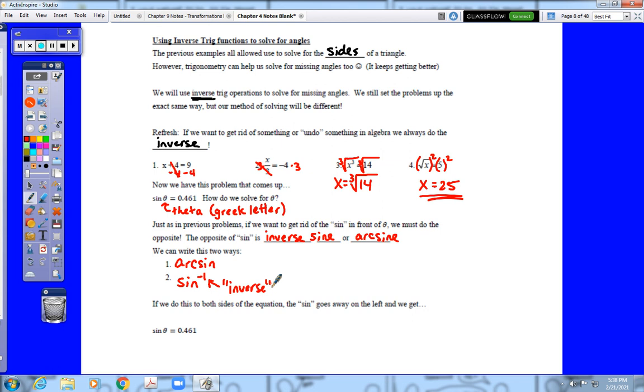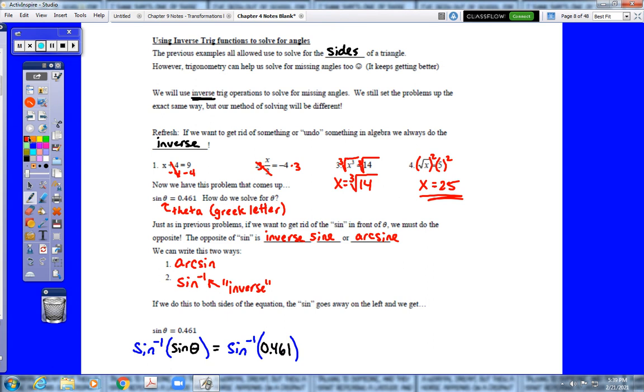So for instance, down here in this equation, if we want to figure out what theta equals, what we need to do is take the inverse sine of each side. Now when we do that, sine and arc sine cancel each other out, which means we have theta equals the arc sine of 0.461.